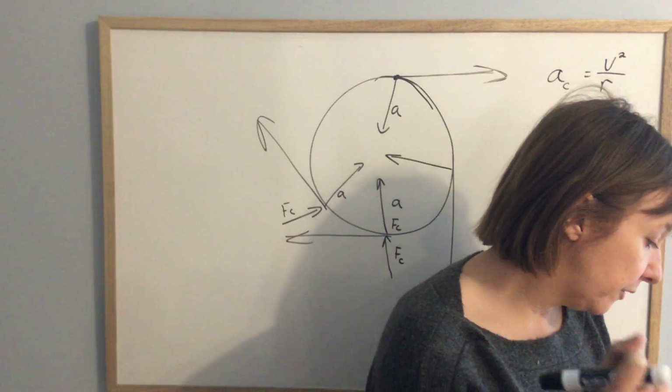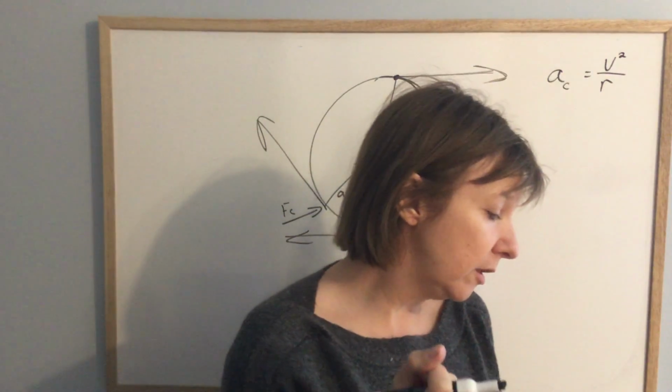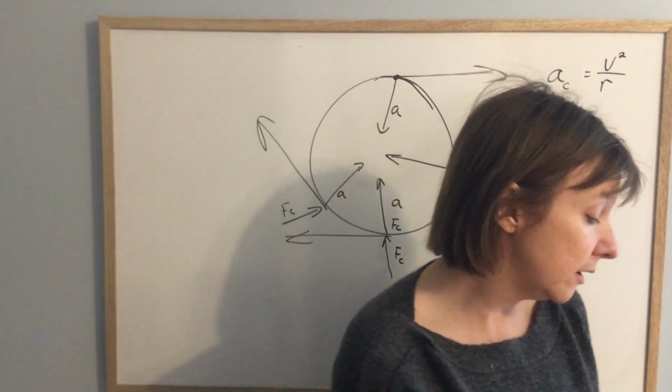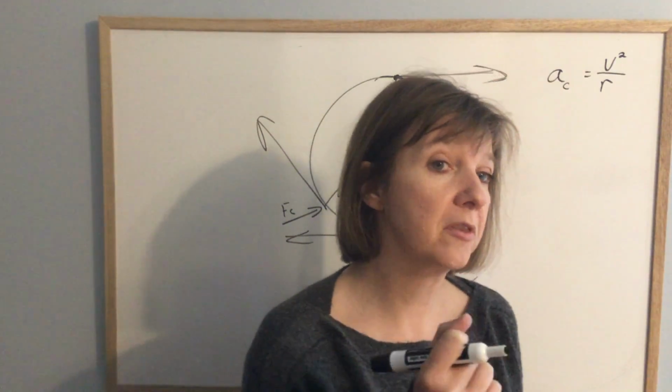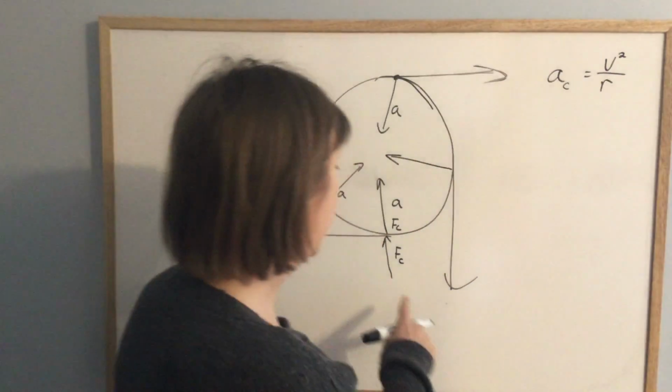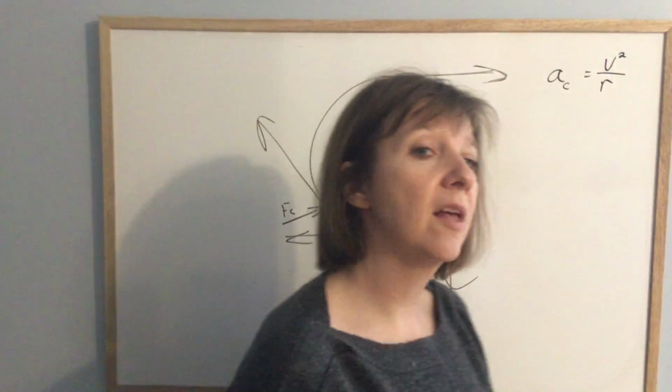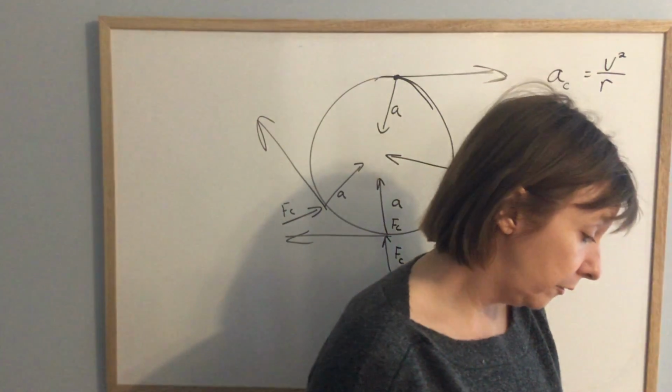Okay. So since the force causing centripetal acceleration is always pointing towards the center of the circular path, it is called centripetal force. So centripetal force, F with a little c, is always going towards the center of the circle.